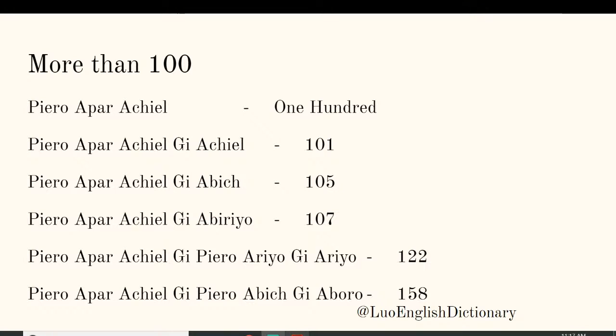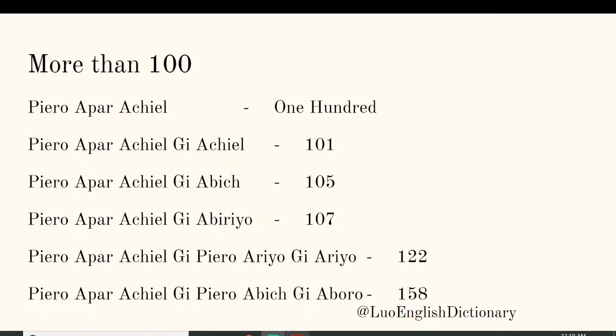So you go all the way, and let's go to 122, which becomes Piero apar achiel gi piero ariyo gi ariyo. So that gives you piero ariyo, that is 20, gi ariyo, that is 2.